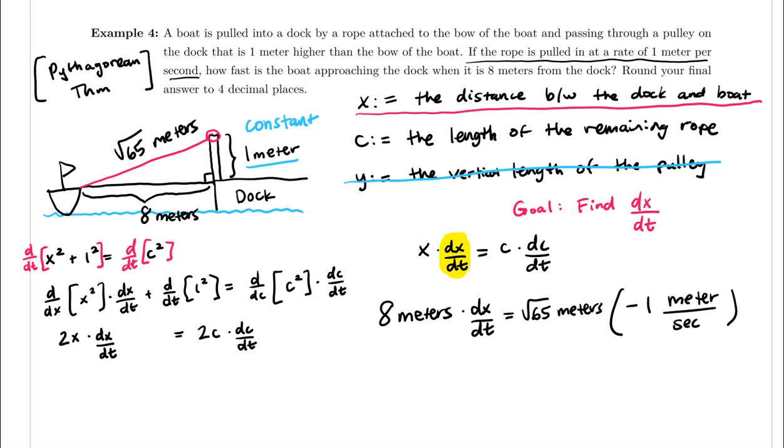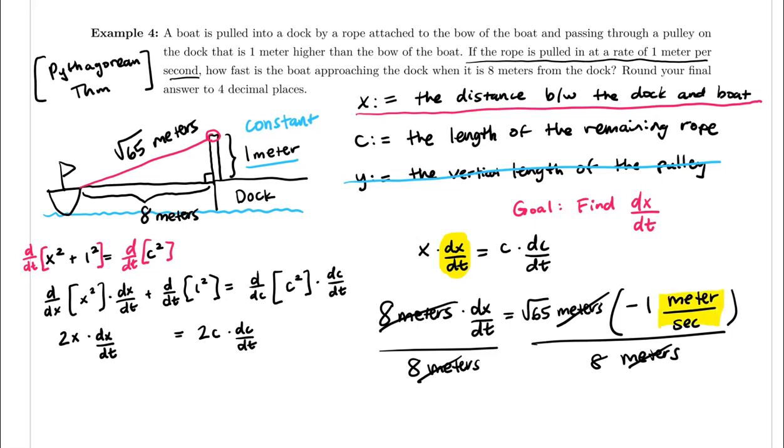Okay. So now what I'd like to do is divide both sides by 8 meters. And notice that these meters will cancel out, and so our final units are going to be in meters per second, which is something that we would expect since we're finding dx/dt, and that is the rate at which the boat is moving in closer to the dock.